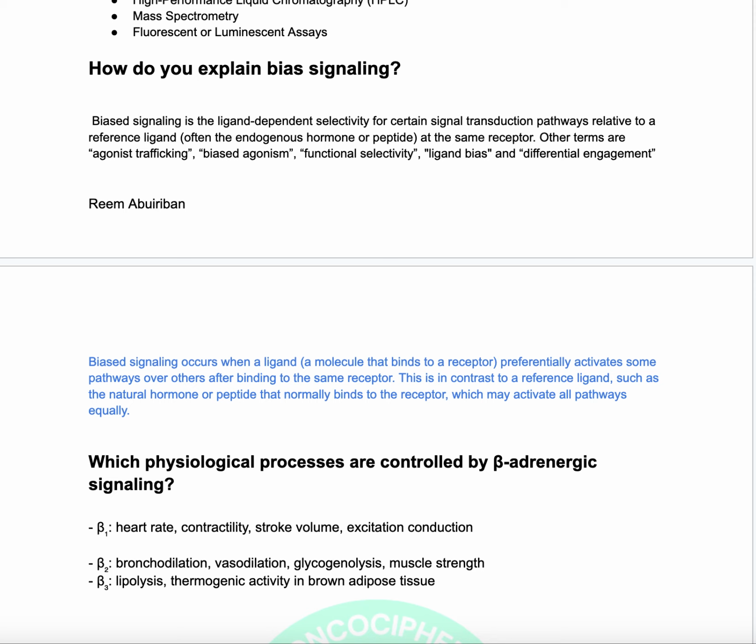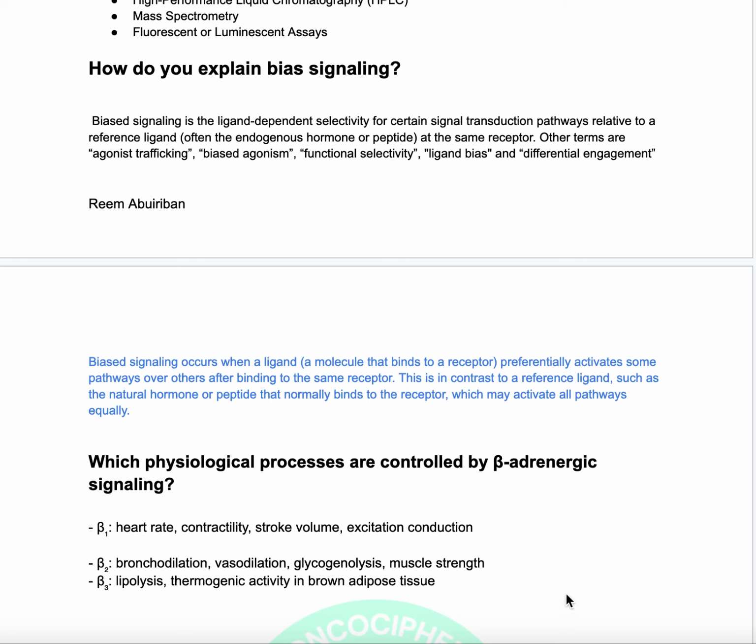But biased signaling means this substance stimulates pathway A because it leads to good things and doesn't handle pathway B the same as pathway A. So that leads to avoiding the side effects, and that's exactly what biased signaling is.